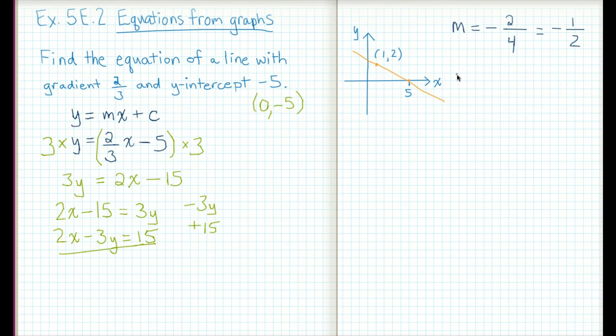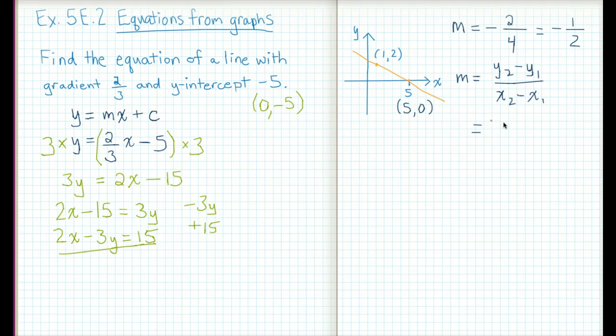Could have also found it from the gradient formula. So if you find it easier to plug in the numbers, y2 minus y1 over x2 minus x1, then I could have done that as well. I just have to be clear that this point is not a coordinate yet. I have to write in the coordinates. It's 5 in the x direction and 0 in the y direction. So those are the values I would use.